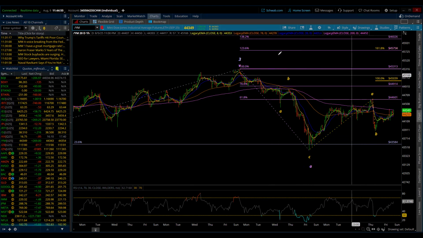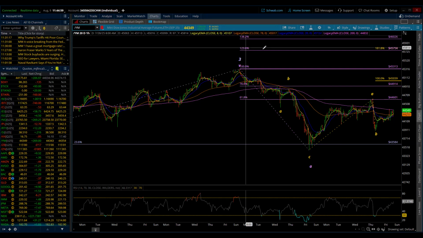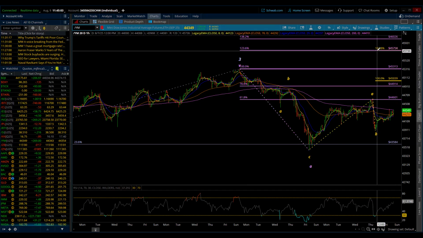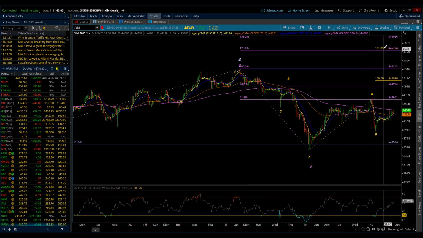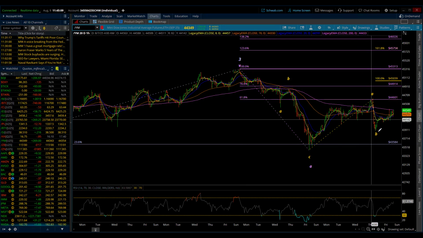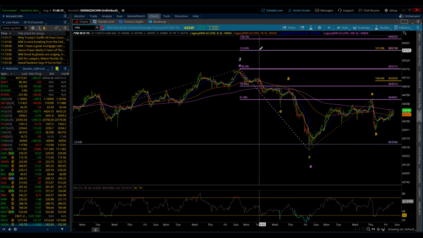Once we get above there, we're into the irregular B wave territory, and 1.236 is 45,754. And then look what matches there: the 1.618, which is for the C wave.